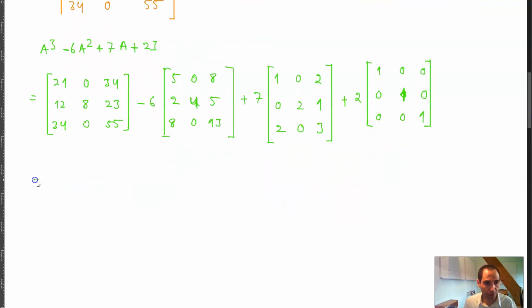That is the same thing as we need to multiply these by these matrices.